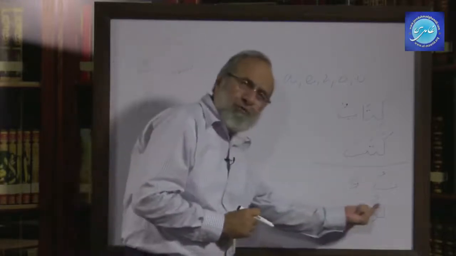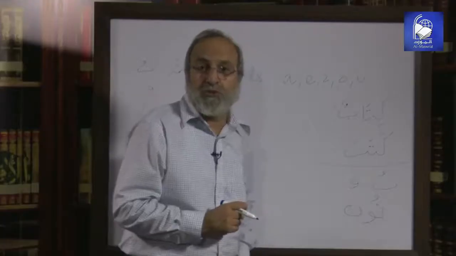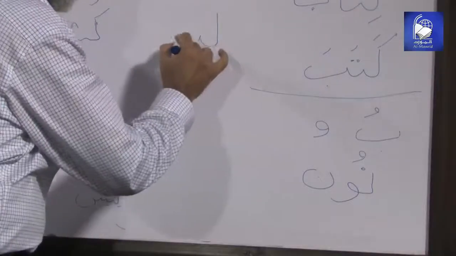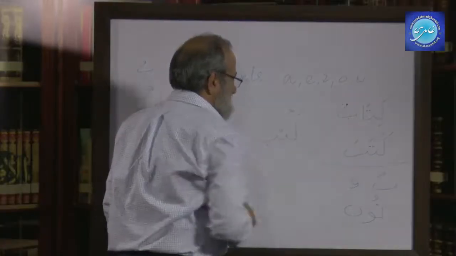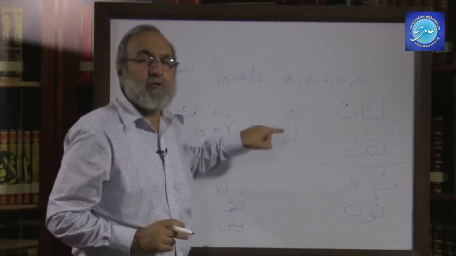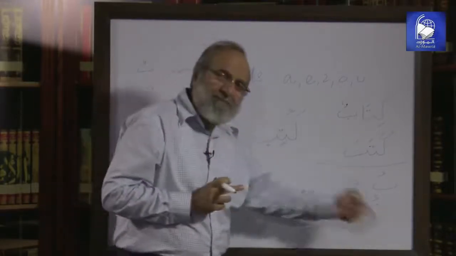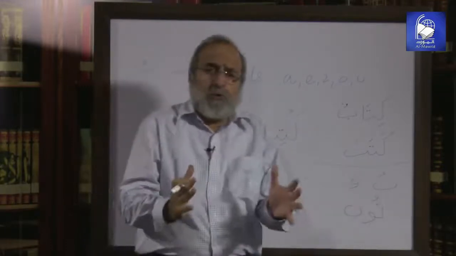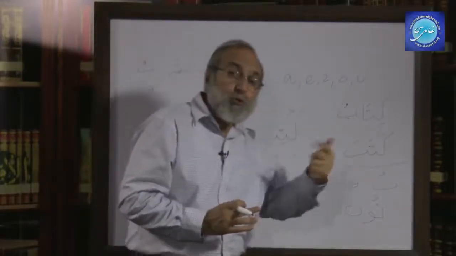So the sound of this dhamma is doubled. Let's say we used this dhamma in kutiba. Did you hear that it was just kutiba? Now, because it has been followed by a vav, the partner alphabet of dhamma, it's now noon. It's longer.